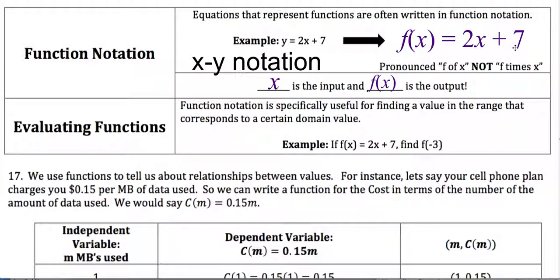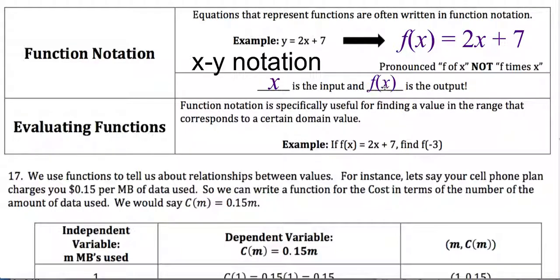So x we call the input and f of x is considered the output, just like x was the input and y was the output. Again, y is equal to f of x. F of x is just a fancy way of writing y.